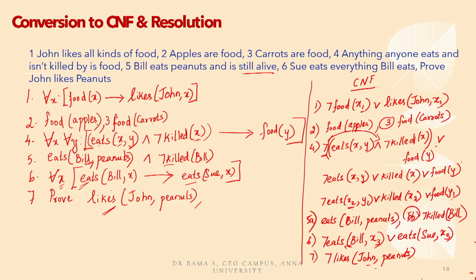So, what we have done so far is, given the set of facts, first we converted into predicate logic all the 7 statements, and the proof has to be negated, which is written as 7, not likes. The set of predicate logic is converted into CNF, and from the CNF step by step we have done the resolution. And if you have noticed, I have started with the 7th, which is the proof.